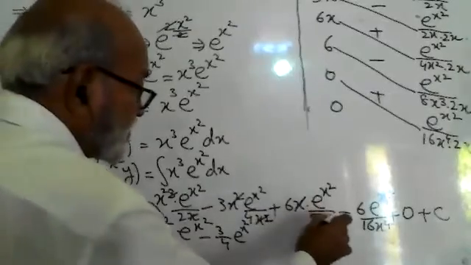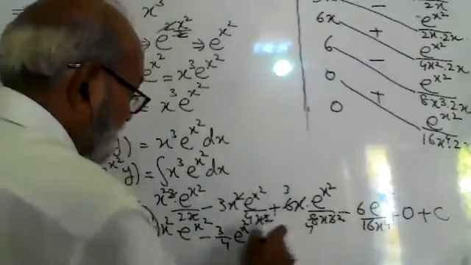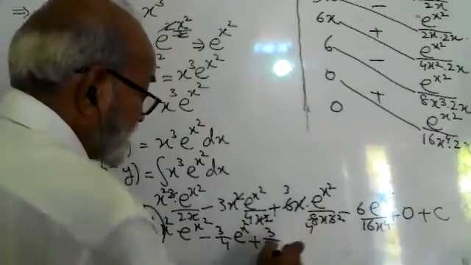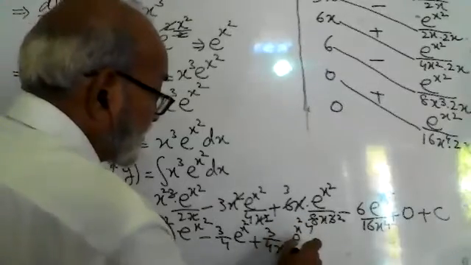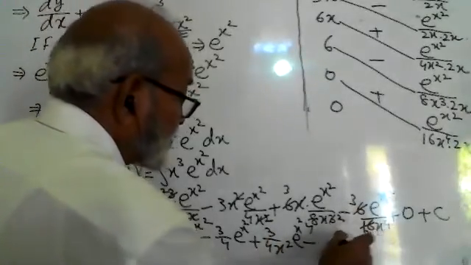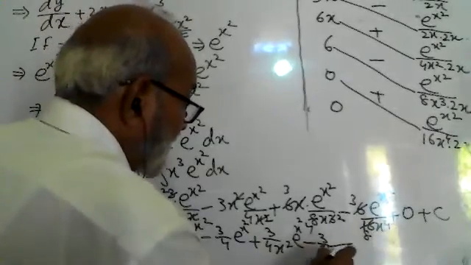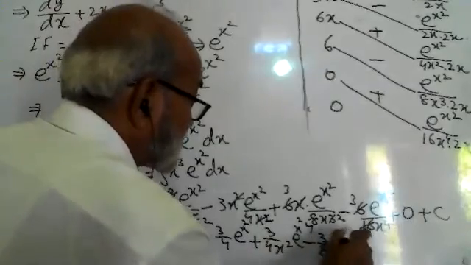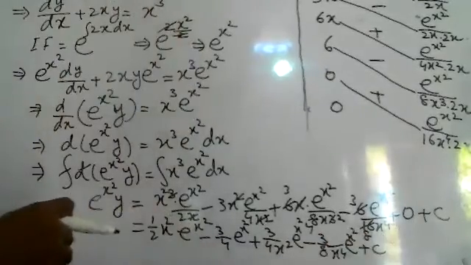Here x is cancelled, 3 upon 4 x square into e raised to power x square, minus 3 upon 8 e raised to power x square plus some constant. This is the answer.